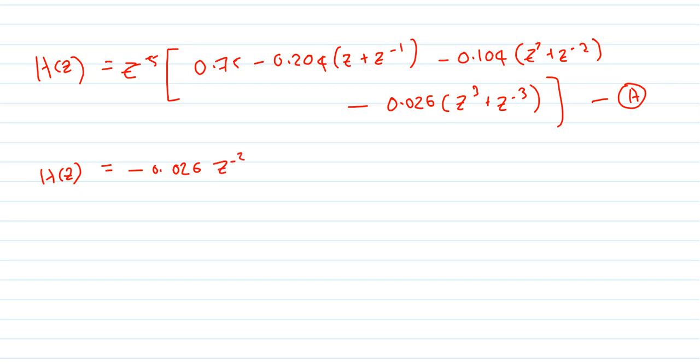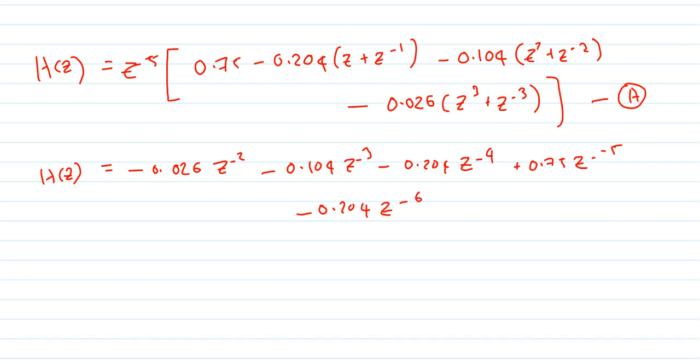So z power minus 2, minus 0.104 z power minus 3, minus 0.204 z power minus 4, plus 0.75 z power minus 5, minus 0.204 z power minus 6, minus 0.104 z power minus 7, and minus 0.026 z power minus 8.